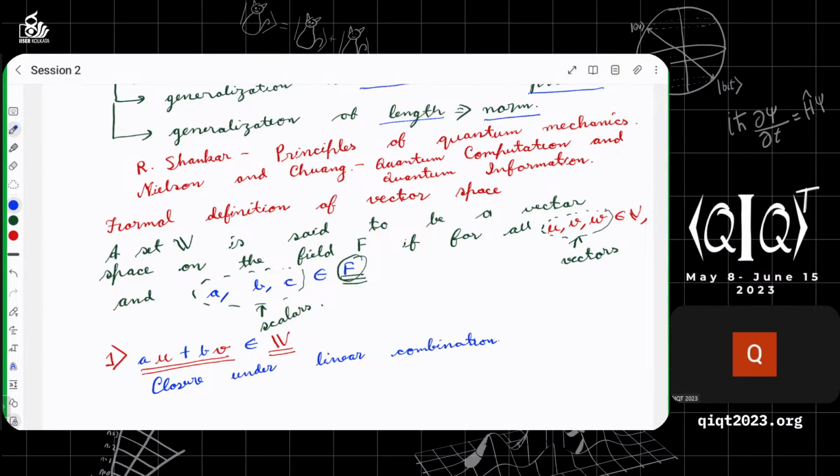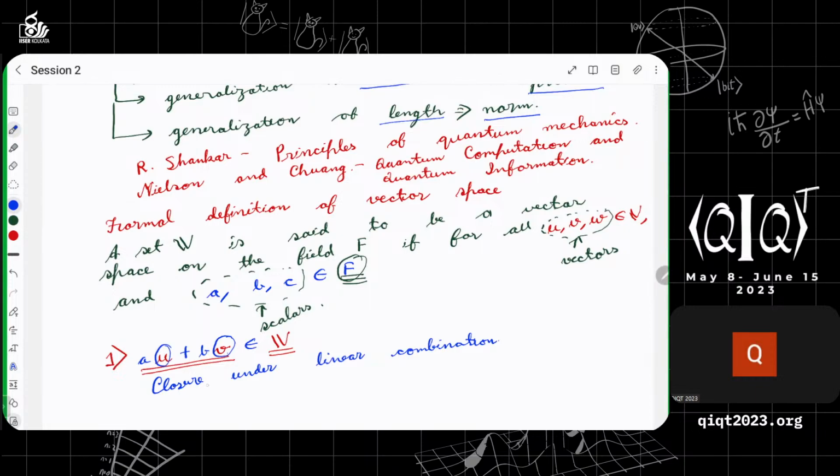So to relate, you can take the example of real space again. Let's say these are two position vectors, r1 vector and r2 vector, and the field is the field of real numbers. If you take two real numbers, multiply with those vectors and add them, you will again get another vector in the space of real numbers.